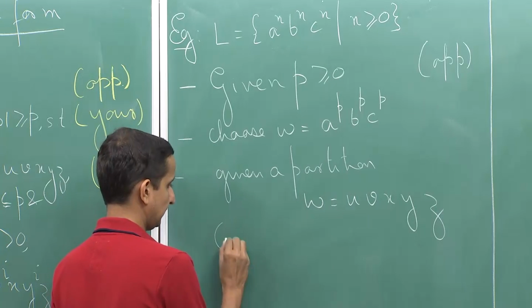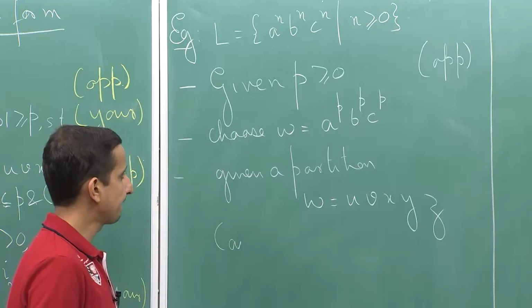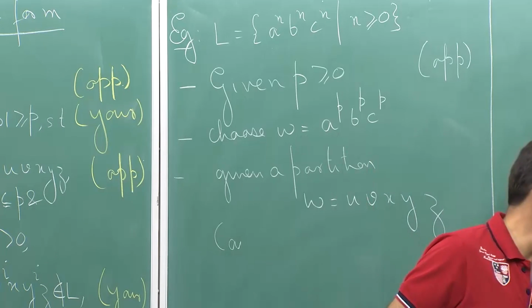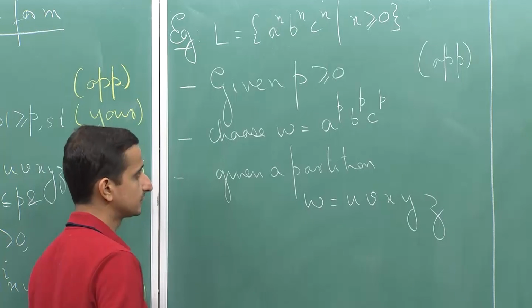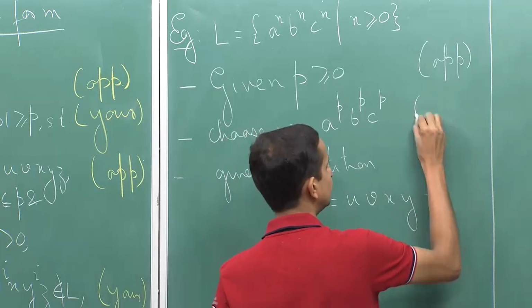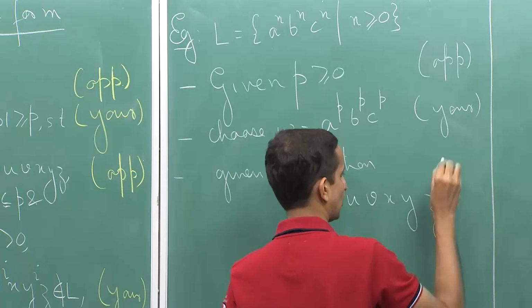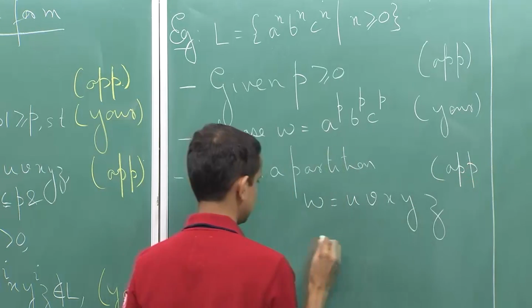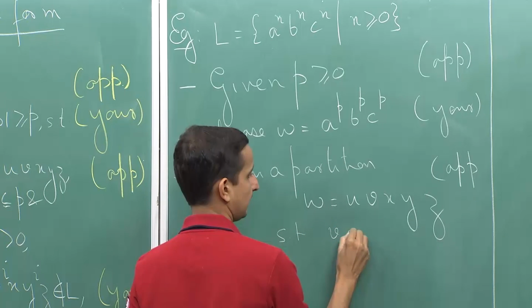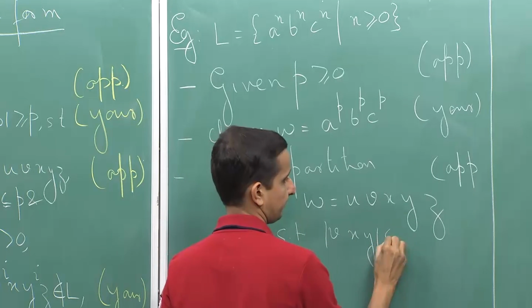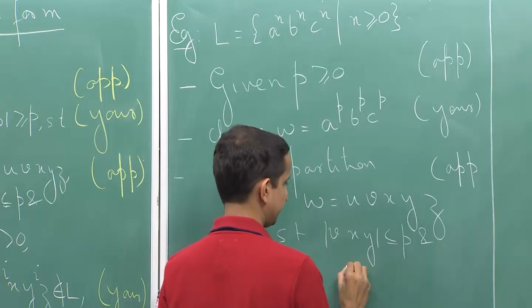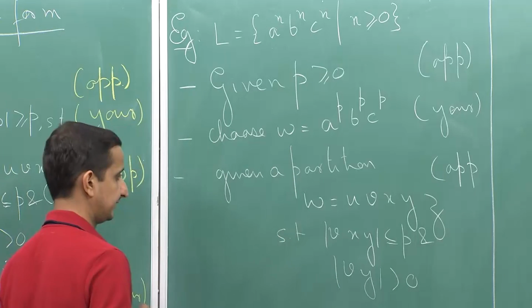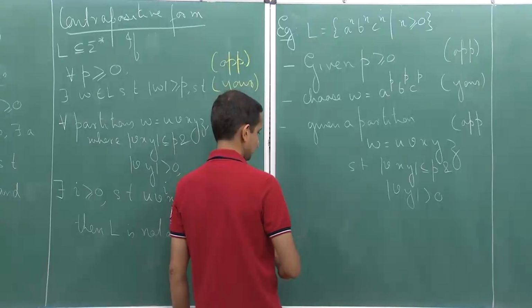First let me tell you what we are going to choose. This is your opponent's move, this was your move. Now, your opponent chooses this such that Vxy is at most p and Vy is greater than 0.